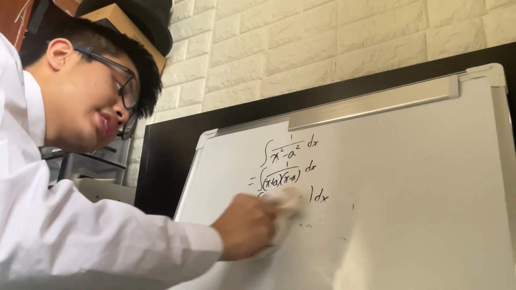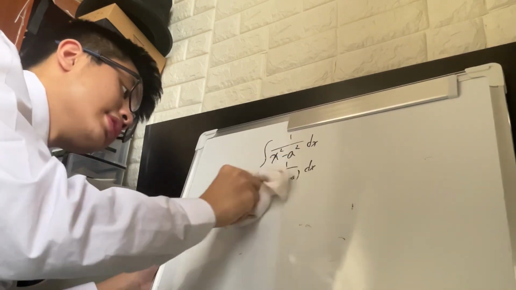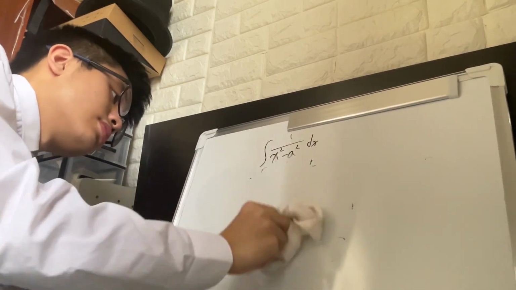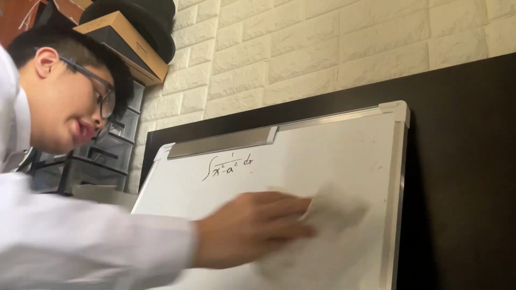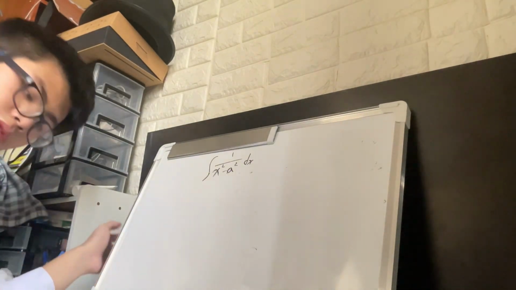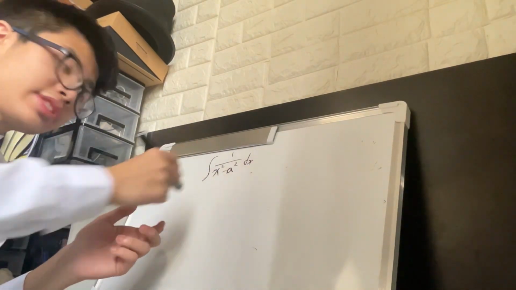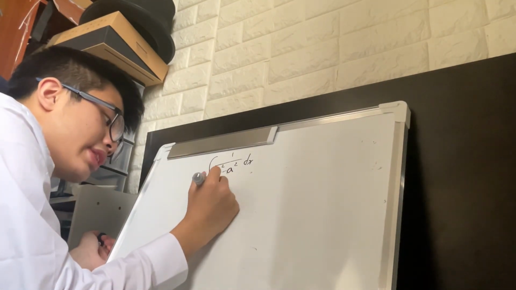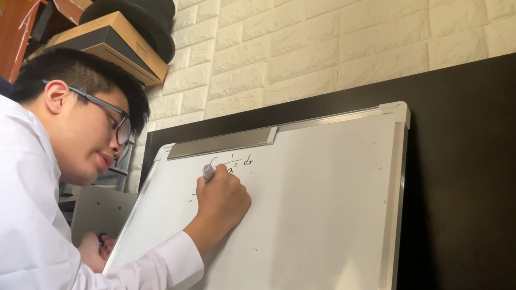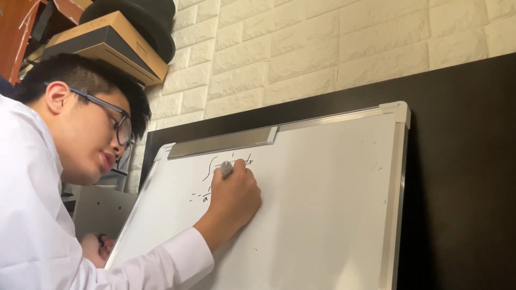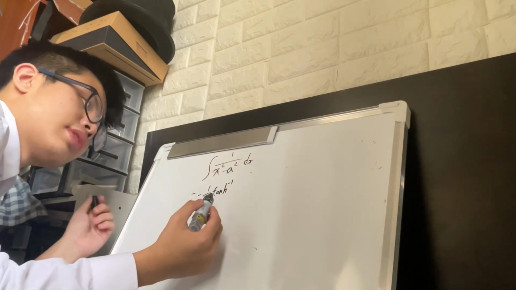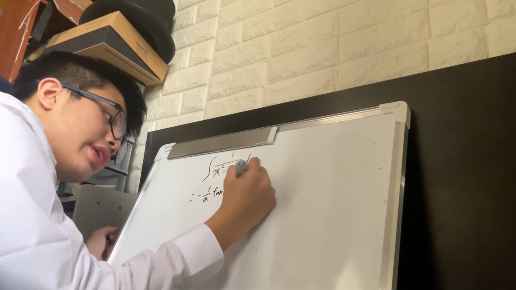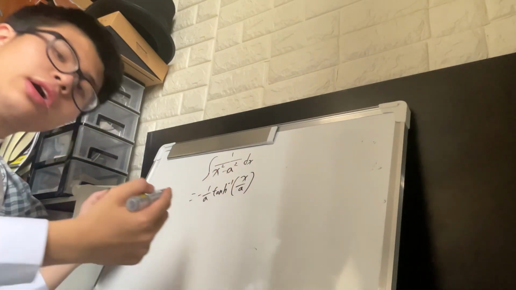There is another answer to this integral, another form of it. The integral of this is the same as negative 1 over a times inverse hyperbolic tangent of x over a. I forget how to derive it.